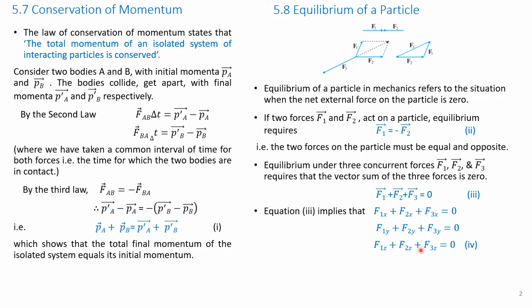The third direction is z direction. Similarly, F1z plus F2z plus F3z equals 0. Please note that in these equations, vectors are not shown because the directions are indicated by x, y and z axis. So, F1x, F1y and F1z are components of F1 along x, y and z directions respectively.